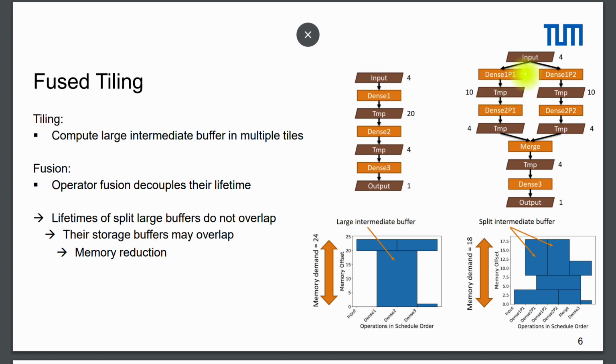So, for example, we start with the input, go through that tiled large buffer, continue onwards in a fused fashion to the next intermediate buffer, and then we can continue on the other partitions, or multiple partitions, to have only one of these large partitioned buffers in memory at the same time. And in this case, we see some memory reduction that is achieved through this fused tiling.